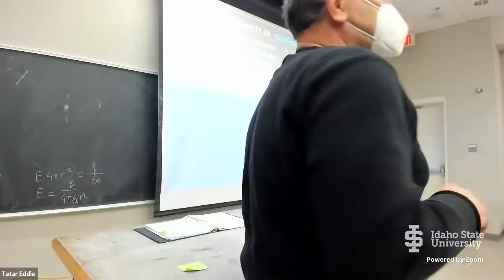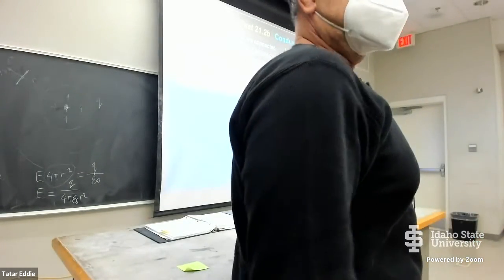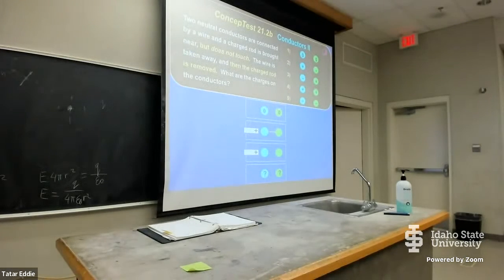What is the electric charge on the two metal balls? What do you say? What would be the best answer? Does anybody think that it is different from configuration number 3? Of course.